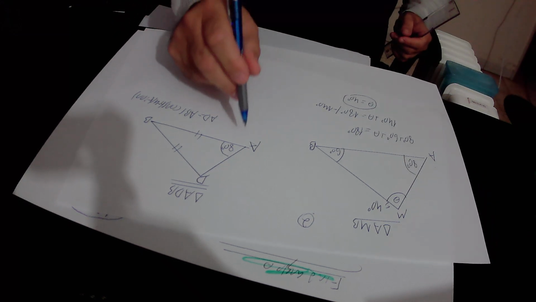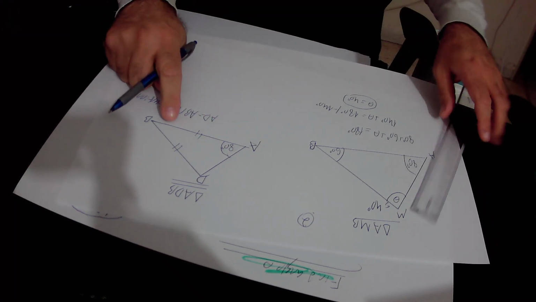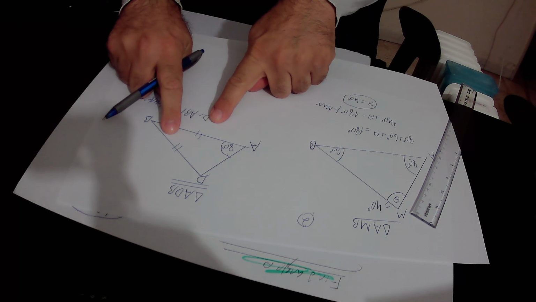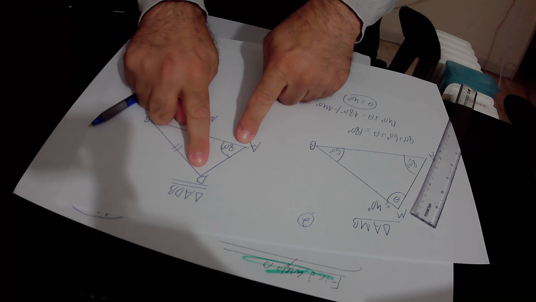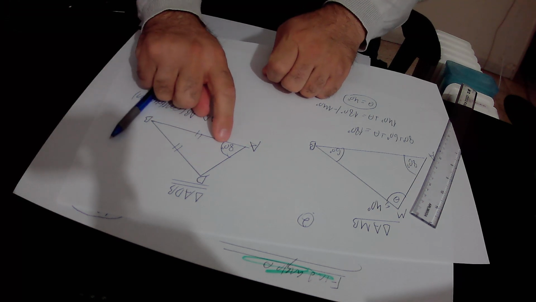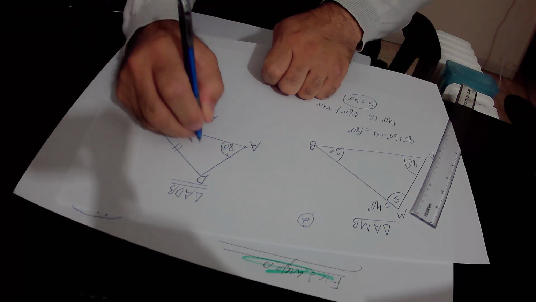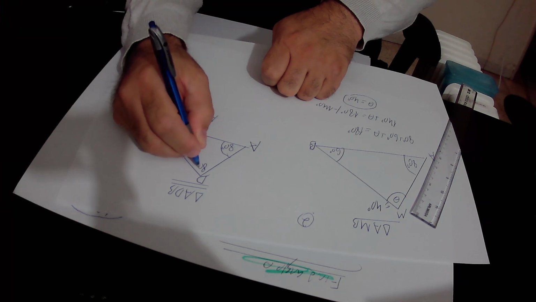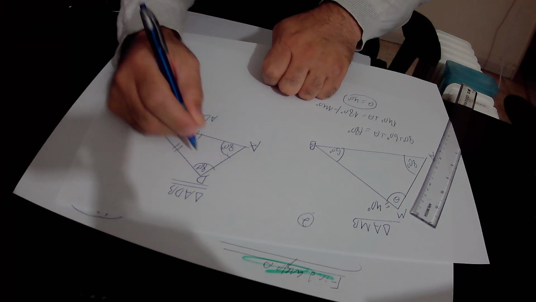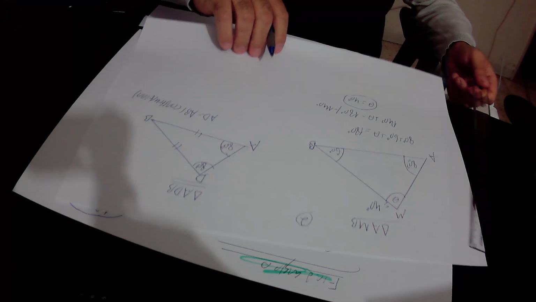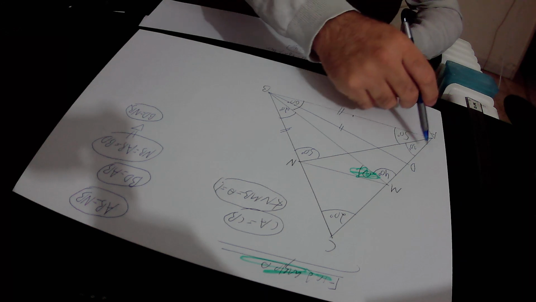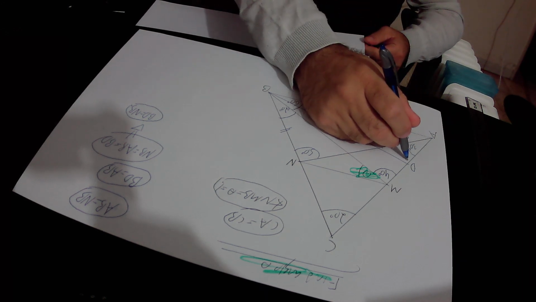Those two sides are equal to each other, and we have the same rule that in front of equal sides in the triangle there are equal angles. So those two angles that are located in front of those two equal sides must be equal to each other. But this angle equals 80 degrees, therefore the missing angle must also equal 80 degrees. So we can write down that angle ADB equals 80 degrees in size.